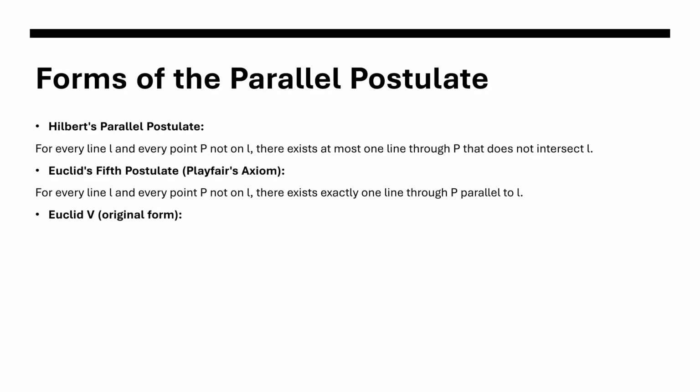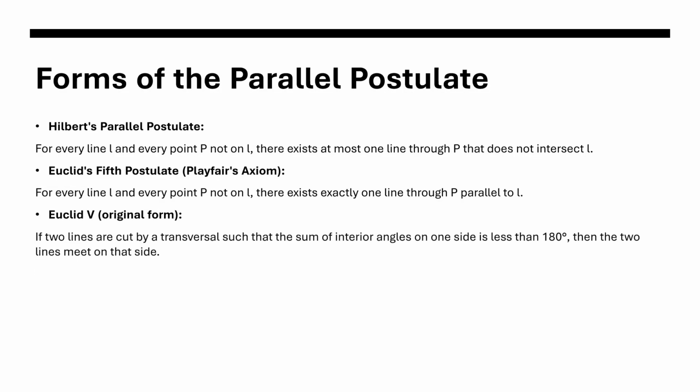Another, you have Euclid's fifth postulate, which is the original form. So we have there, if two lines are cut by a transversal such that the sum of the interior angles on one side is less than 180 degrees, then the two lines meet on that side.